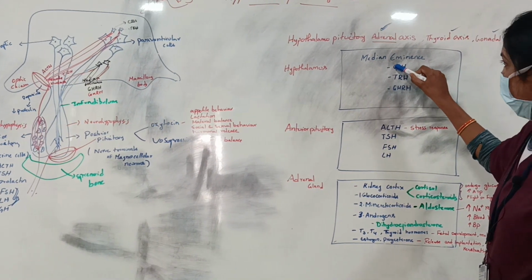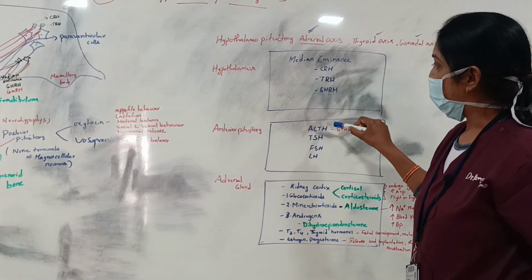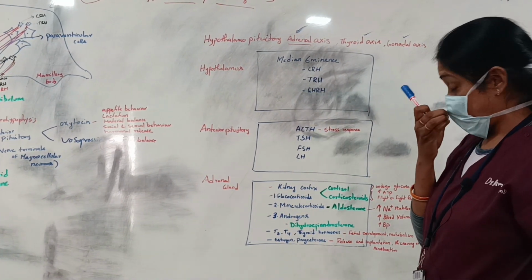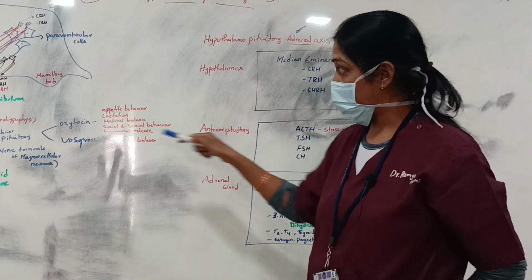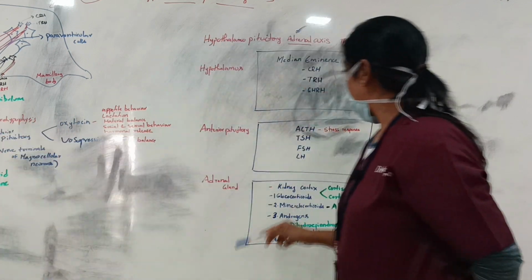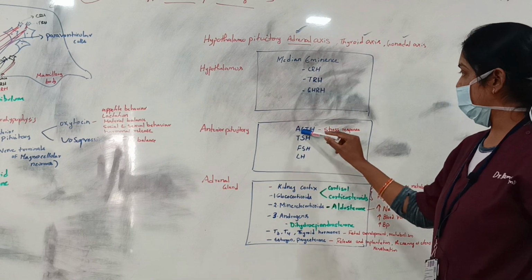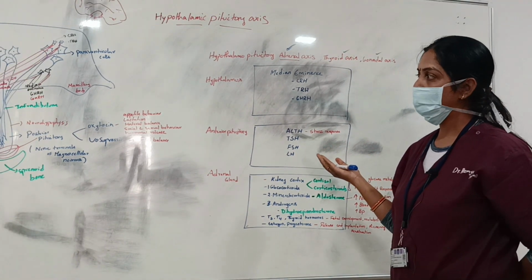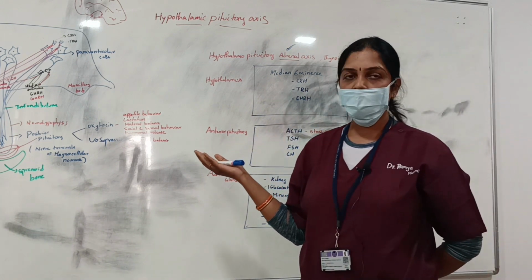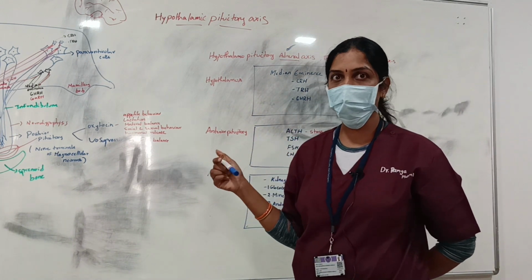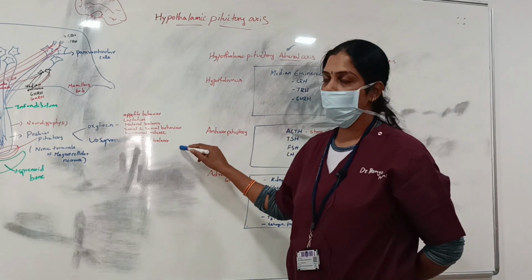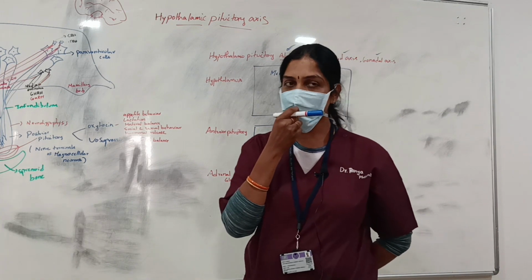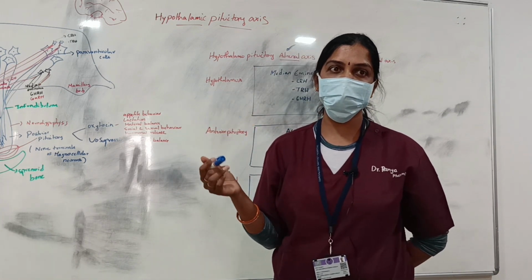It is responsible for release of adrenocorticotropic hormone, which is released from the anterior pituitary. What happens when this adrenocorticotropic hormone is released into systemic circulation? It goes to the adrenal gland. Where is it located? On top of the kidney, the adrenal cortex.